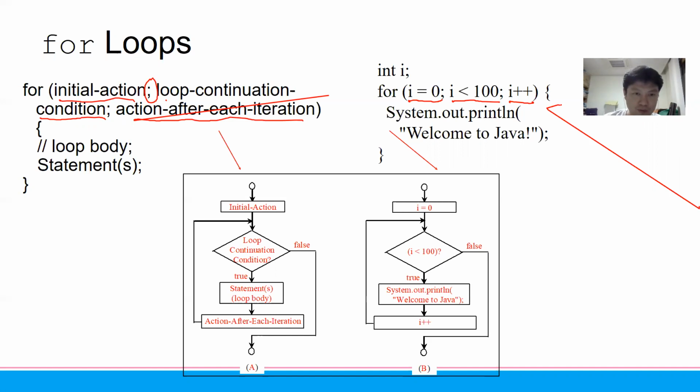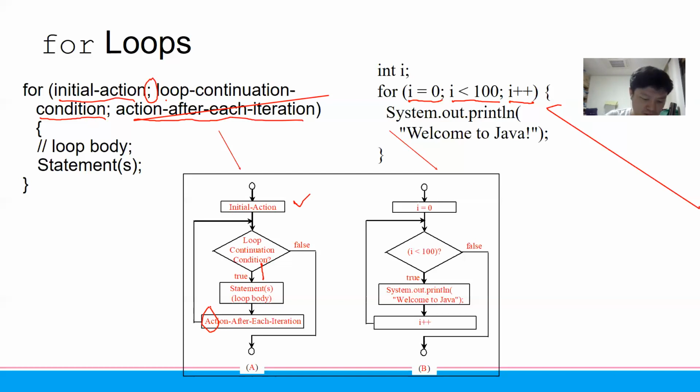So the flowchart will be something like what you see in the below part. You have the initial action, and then you will have the diamond symbol. The diamond symbol, as you know, is the condition. If it is true, then you will do the statement, and when you finish all the statements, you will do the action after each iteration.